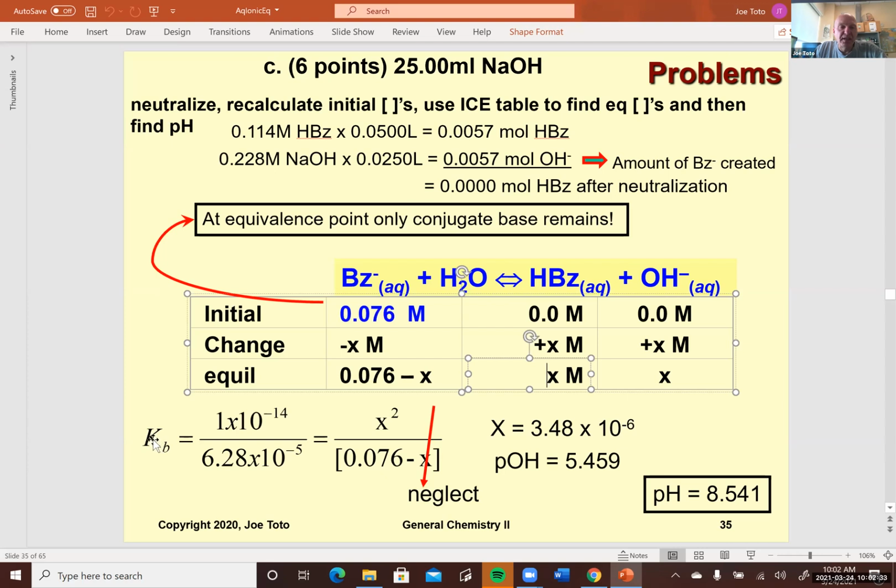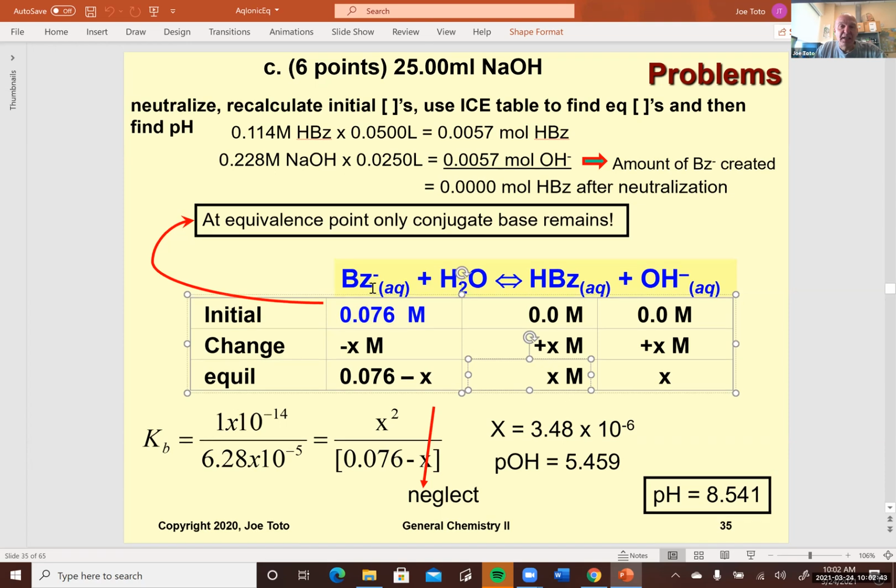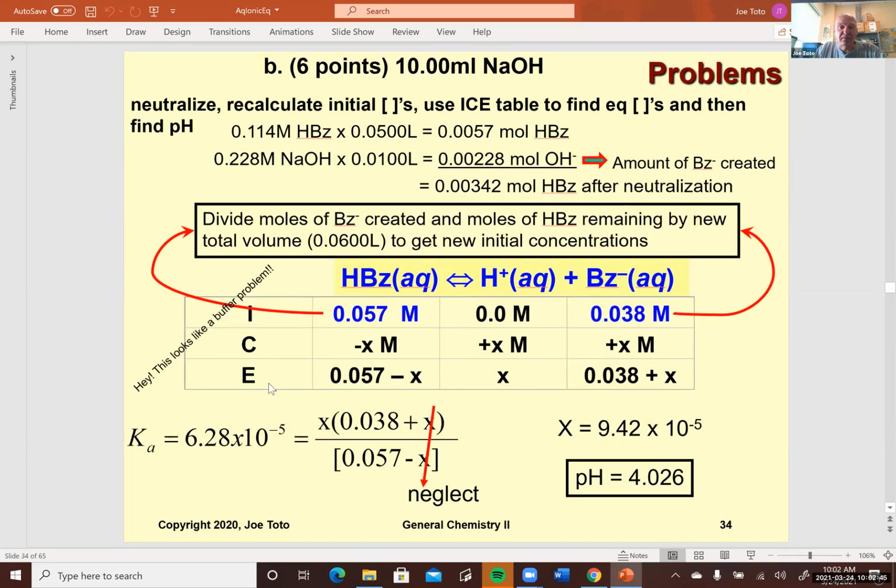Initially, these are 0. You let them come to equilibrium and you find out how much. This is where you have to be careful about the value you use for the equilibrium constant, realizing this equilibrium constant is not the same as the previous one, but it's related to it through Kw. We know Ka times Kb of conjugates equals Kw.